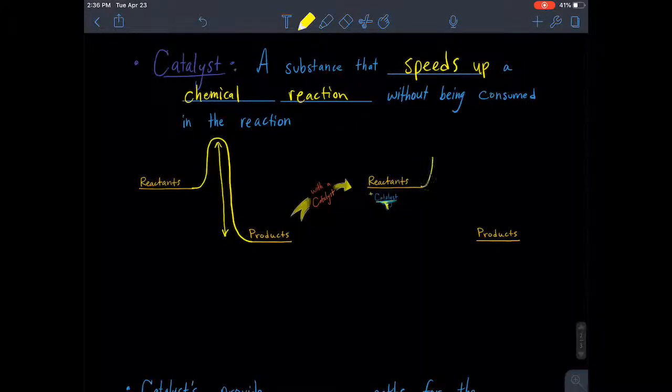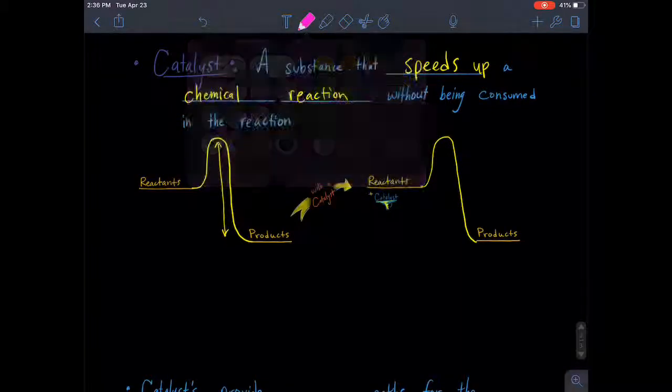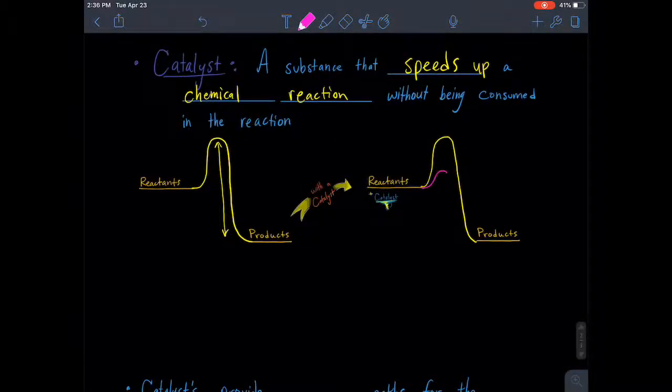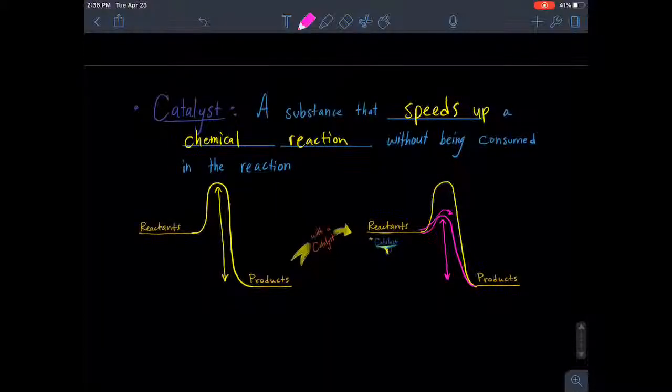So usually there's the high activation energy, but when you add a catalyst, it provides a new pathway. It says, oh, well, look, if you want, you can go this way, and this doesn't take as much activation energy. So the catalyst provides this alternate route that allows the reaction to speed up and go this way to the products, so it happens much faster. In the elephant toothpaste, it happened really fast, and it created all of that glorious elephant toothpaste.